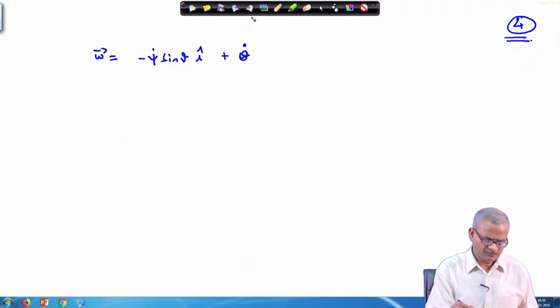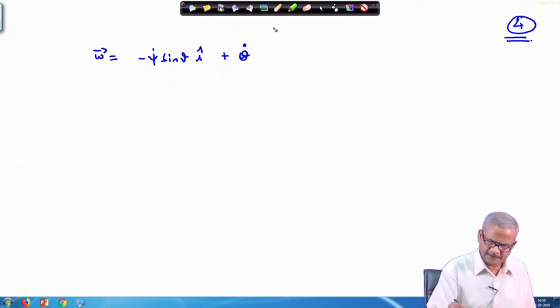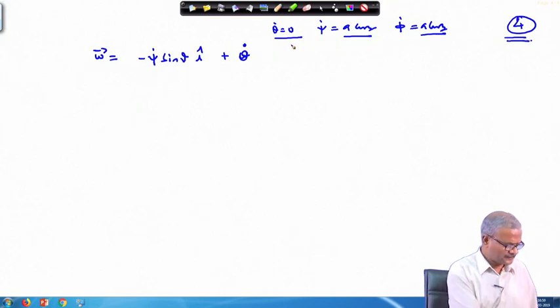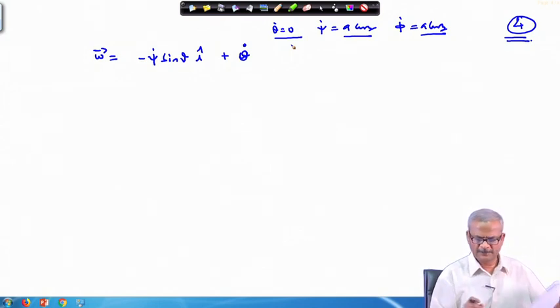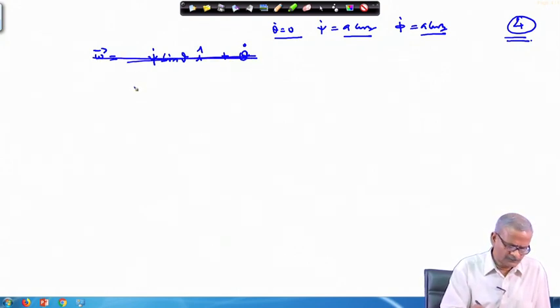See, omega, the equation, is a long equation we have written. So, under the assumption that theta dot equal to 0, and psi dot is a constant and phi dot is also a constant, I am exploring the same issue from the other perspective, and it is important that we take care of all these things, and basically we are trying to learn here. So, we should look through all the angles.